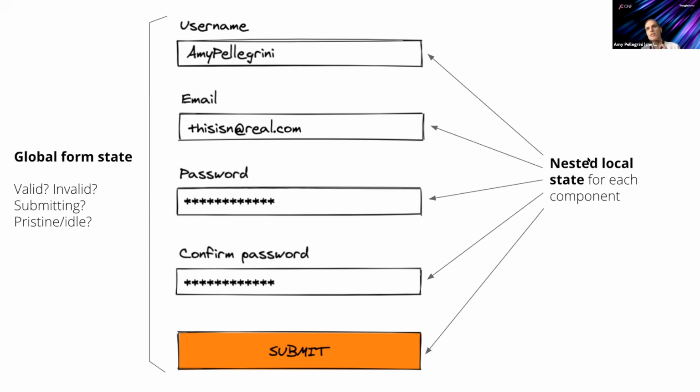And then you have local state for each of the components: the inputs need to know if they are in a valid state or not. The submit button needs to know if it's disabled or enabled, and that's part of the local state of that specific component. So that means that the states can be nested. That's what the concept of hierarchical states refers to: the ability to compose your state and make it like nested items, pretty much like you would build it with components and modules.